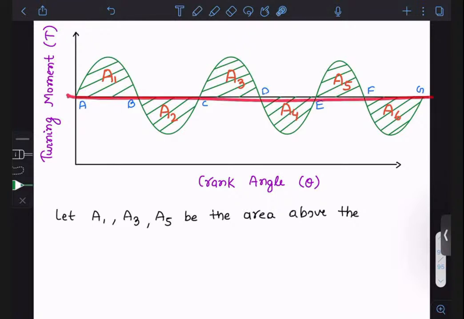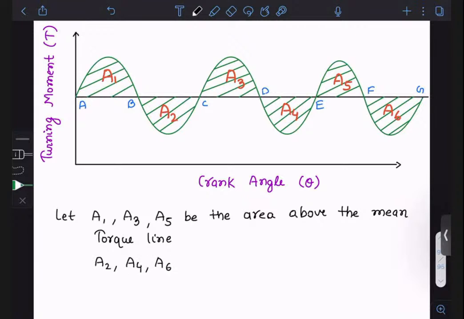These are the areas A1, A3, A5. And A2, A4, A6 be the area below the mean torque line.